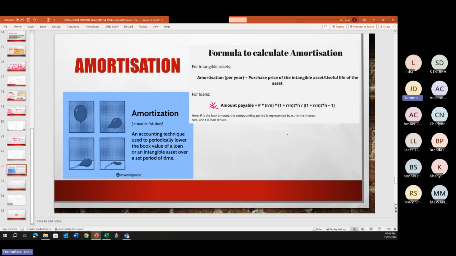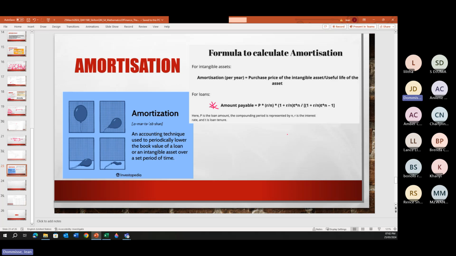Basically, what amortization is, and this is when you look at your house, your car, anything that has a longer period, you have an amount that you need to pay off.